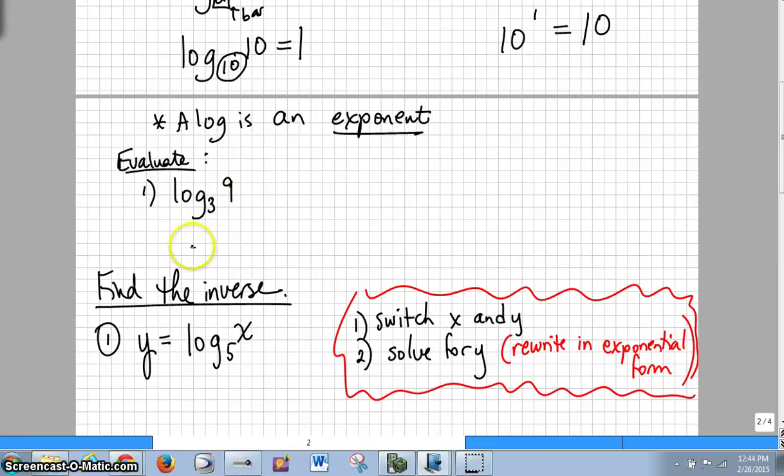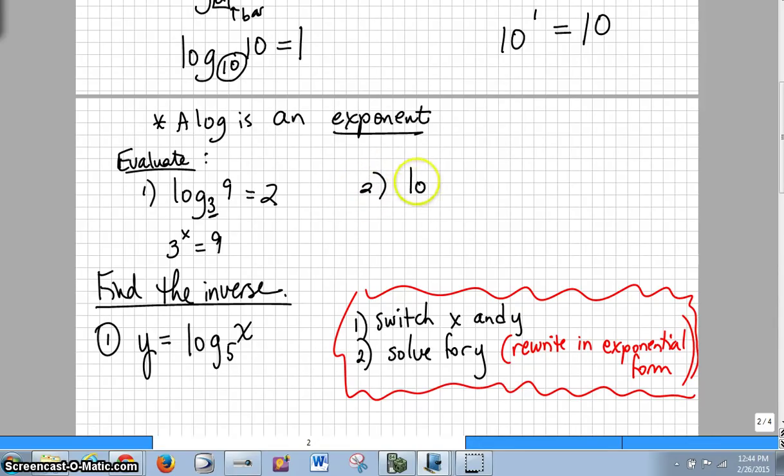This logarithm means, remember, the little 3 is called the base. The 9 is called the argument. And that's what the power is equal to when I raise 3 to an exponent. This is saying 3 raised to the what power equals 9. And the answer is 2. So the value of this logarithm is 2.